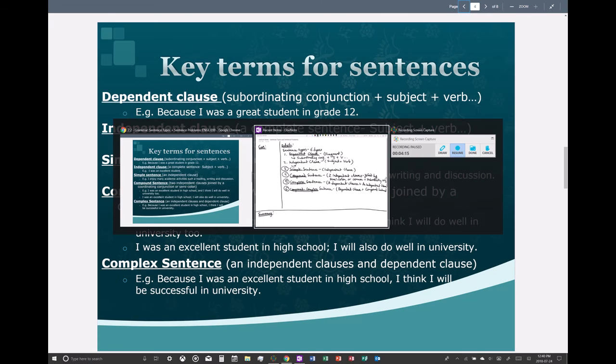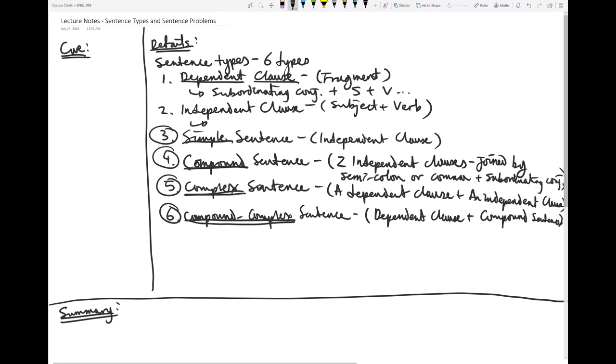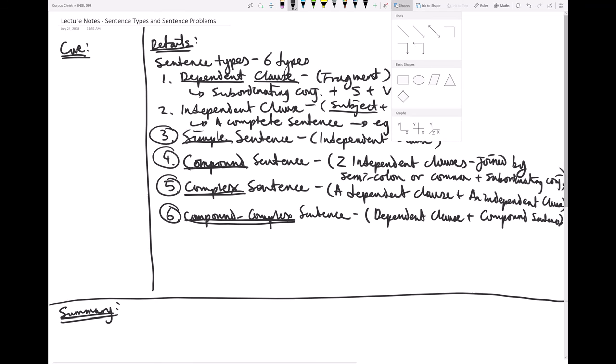So note here, for independent clause, it is a complete sentence. So I'll write that down. Perhaps instead, since I already wrote subject and verb, I'll use an example. I study. Subject and verb. And that's enough.